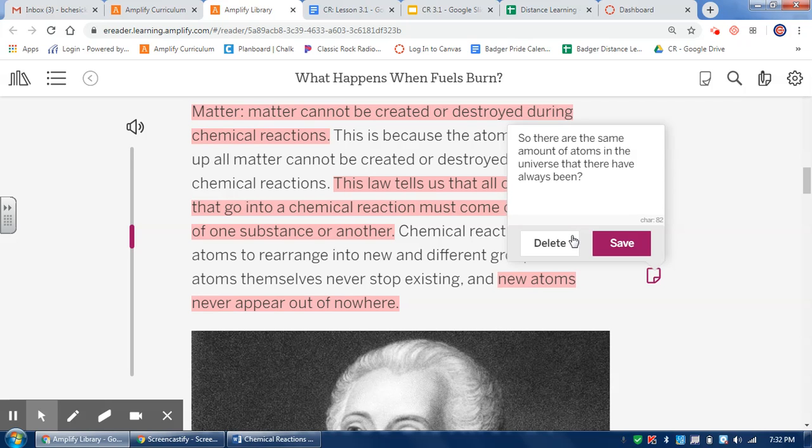Okay, so are there the same amount of atoms in the universe that there have always been? Kind of like energy. We talked about the law of conservation of energy, that you can't create or destroy energy. Sounds like you can't create or destroy atoms either. So that means in the universe, there's always the same amount of energy, but there's also the same amount of atoms or matter.